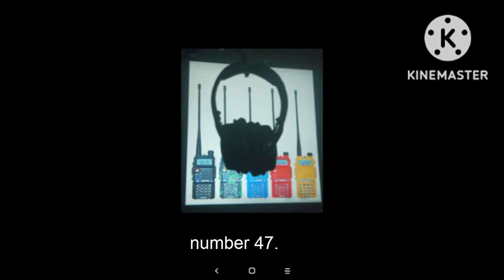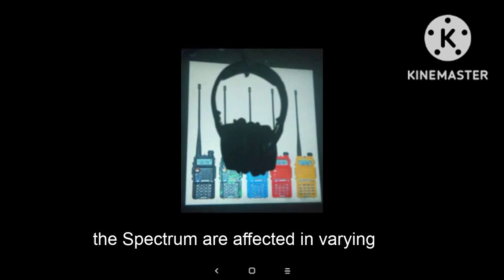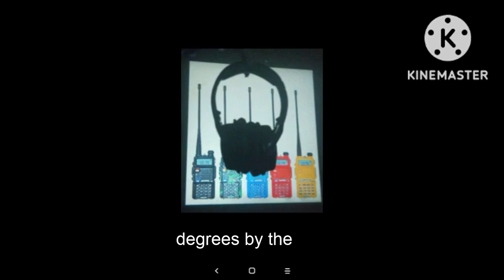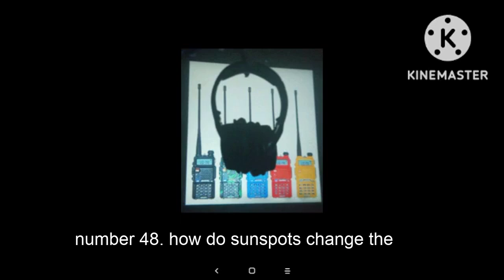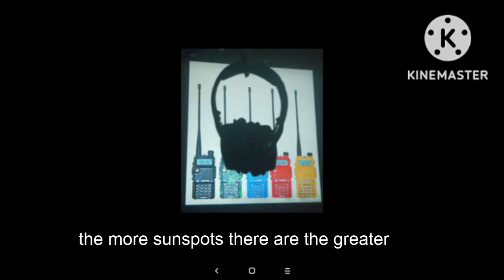Number 47. All communication frequencies throughout the spectrum are affected in varying degrees by the atmospheric conditions. Number 48. How do sunspots change the ionization of the atmosphere? The more sunspots there are, the greater the ionization.